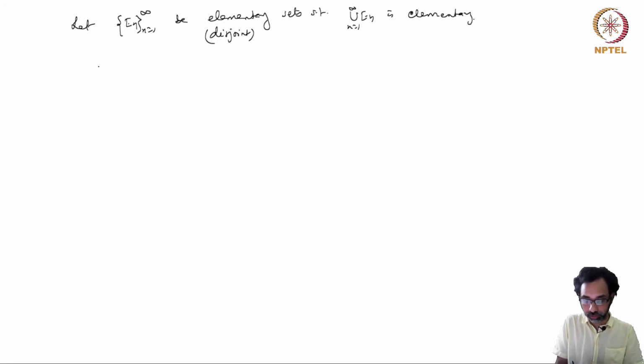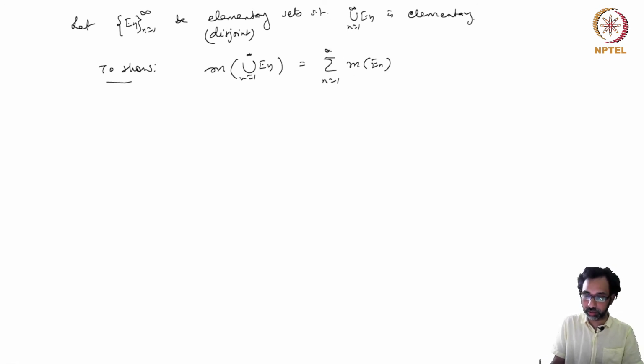Then we have to show that M of the union, because it's elementary so M bar is just M, is the sum of the M(En), n equal to 1 to infinity. Here we do not have countable subadditivity because we don't know that M is an outer measure. So we have to show countable subadditivity.